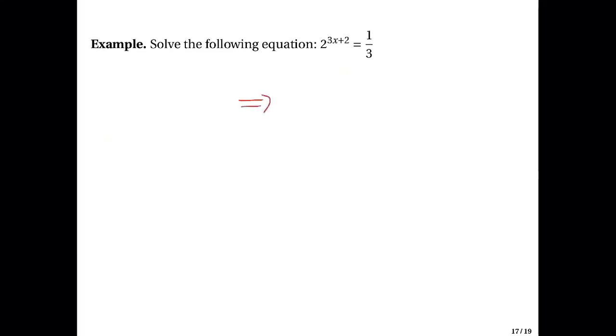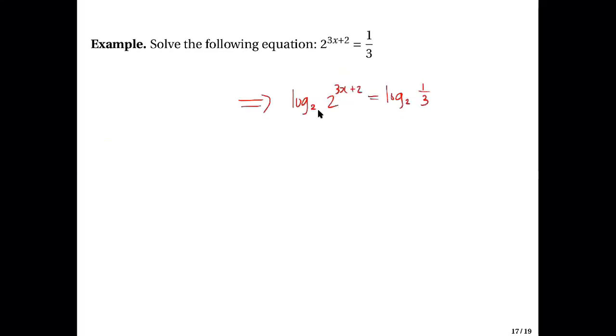So we get the logarithm base 2 of both sides of the equation. You have log base 2 of 2 raised to 3x plus 2, equal to log base 2 of 1 over 3.